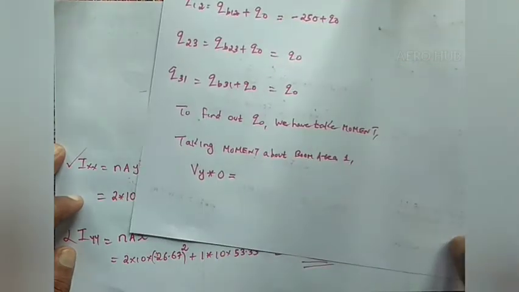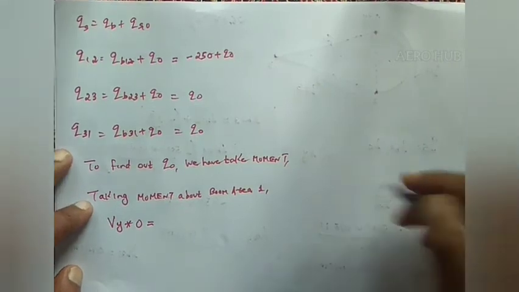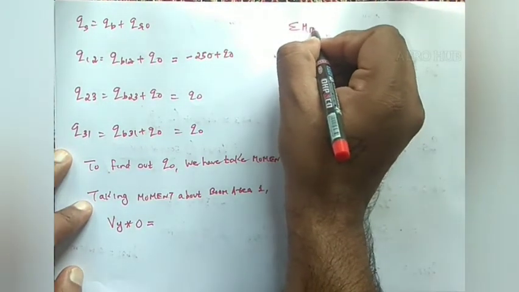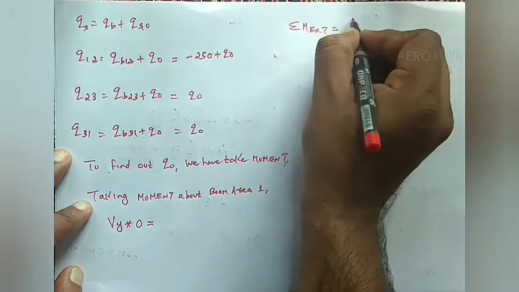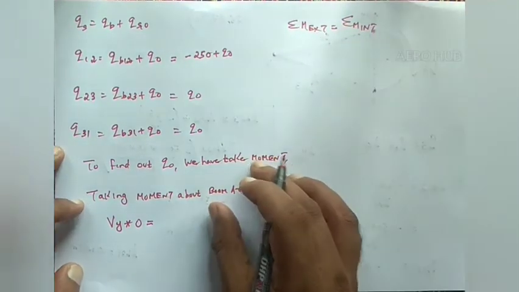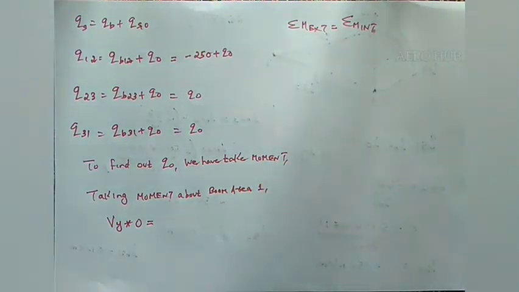You have to understand that the summation of moment due to external load will be equal to the summation of moment due to internal. External here is the external shear load I am applying, and the internal is nothing but the shear flow. Internal moment will be with respect to the shear flow.